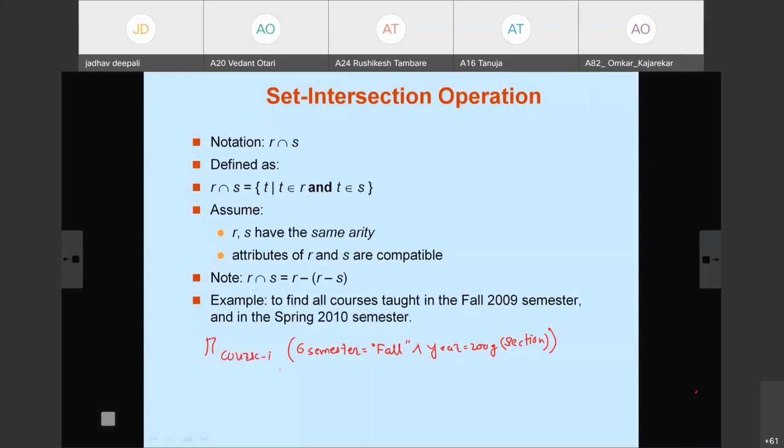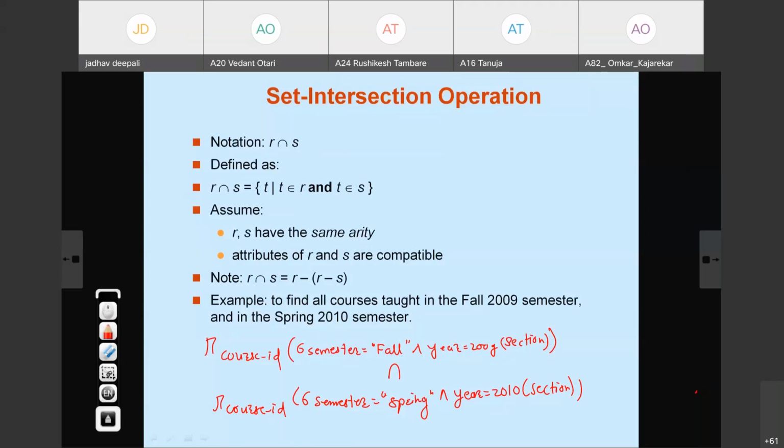Similarly, another subquery: semester is equal to spring and year is equal to 2010 from section, and from that project course ID. We get two results and then combine them such that the course was taught in both semesters, and in this case we use intersection. That is a simple example of intersection.